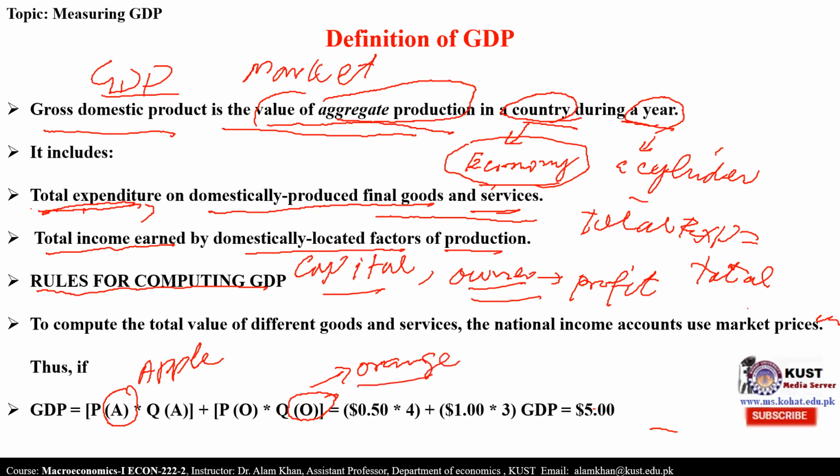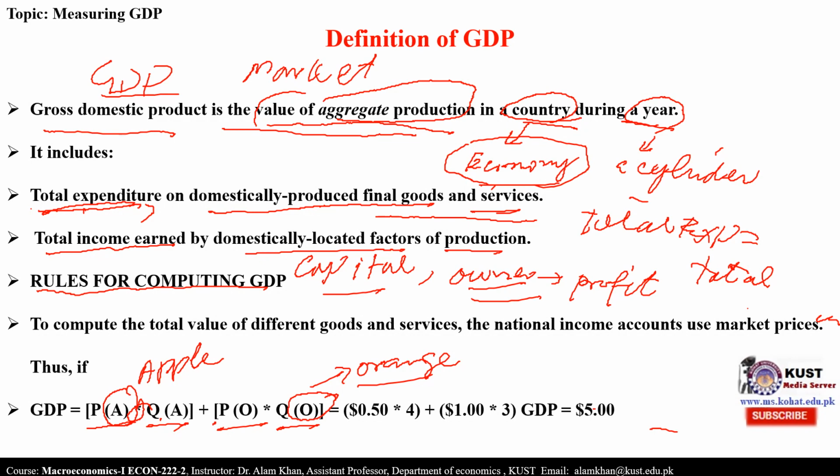So if there are two items in an economy, apple and orange, how do we calculate the GDP for these two items? Price of apple multiplied by quantity of apple plus price of orange multiplied by quantity of orange.